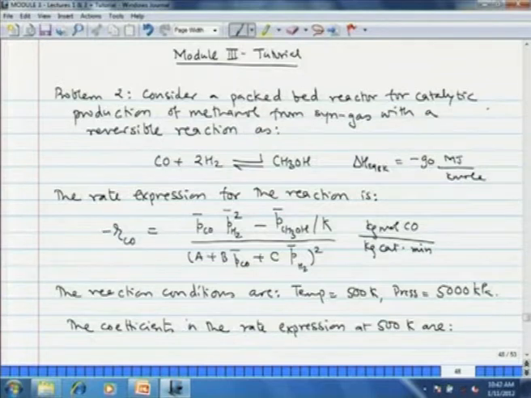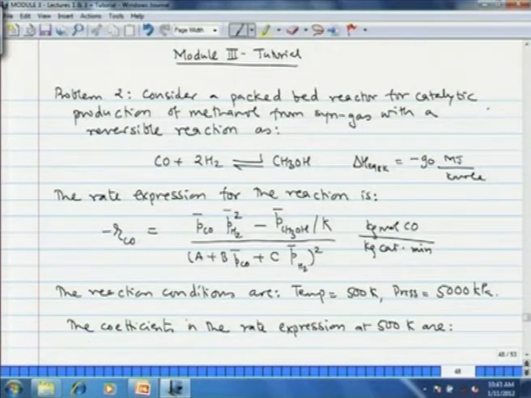The reaction is highly exothermic, 90 megajoules per kilomole heat released. The rate expression is in the form of Langmuir-Hinshelwood kinetics: partial pressure of CO into partial pressure of H2 squared minus partial pressure of CH3OH divided by K, divided by A plus B partial pressure CO plus C partial pressure H2.